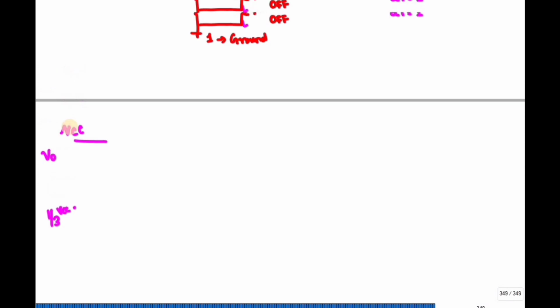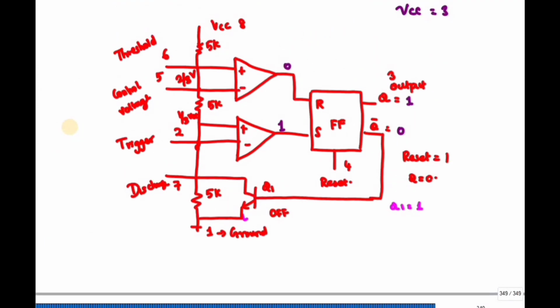If it goes above the 1/3 value, then this will go to 0.